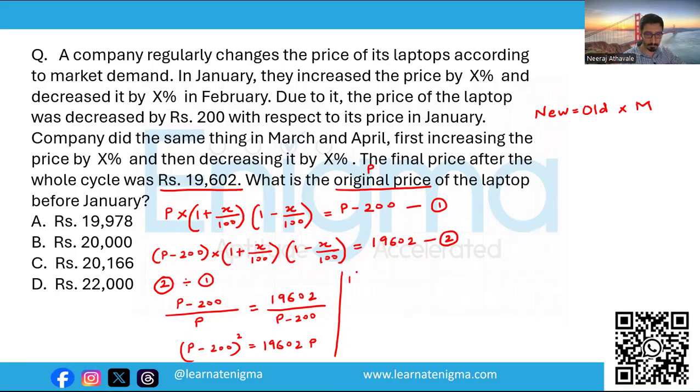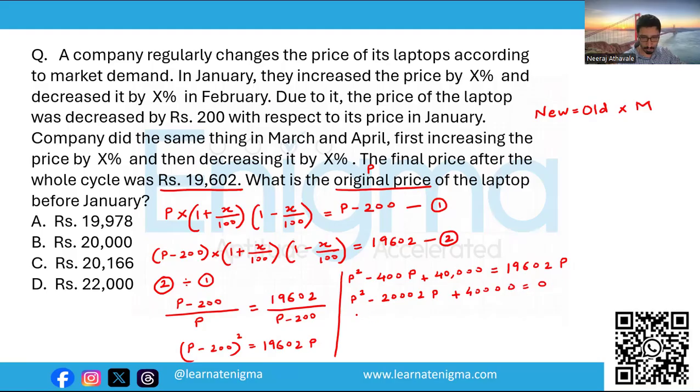P minus 200 square becomes P square minus 400 P plus 40,000 is equal to 19,602 P. Now this comes on the left hand side. We will have P square minus 20,002 P plus 40,000 is equal to 0.